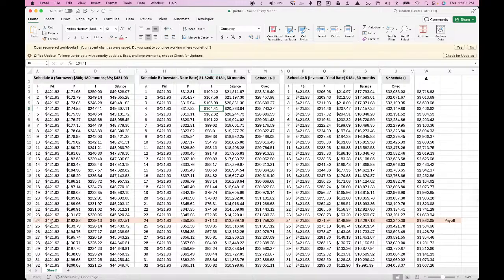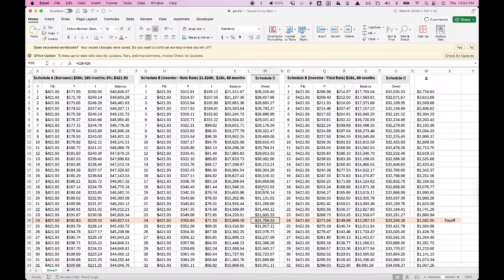What this shows you is on their schedule, they owe $45,627.50. But because you're buying this at the note rate, they'll owe you $31,758. That's their payoff that they'll have to pay you, right?